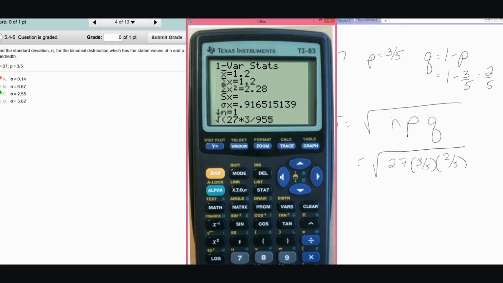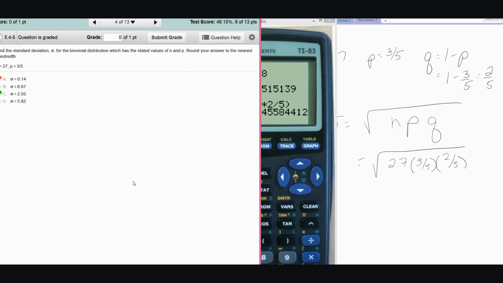Be careful about not putting too many parentheses here, because if you close the parentheses after 27, it won't do it all right. It'll only have the square root of the 27 under the square root. So we want to be careful not to put too many parentheses in here. Times 2/5. Okay, so 2.55 will be our answer.